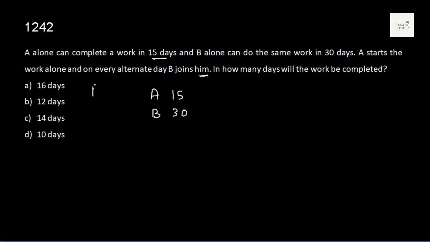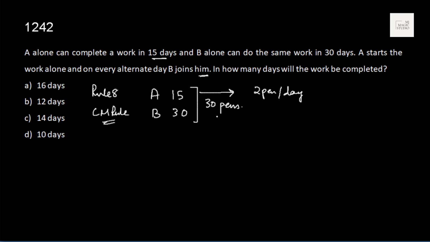The best way to do this is using rule 8, the LCM rule. Just find the common multiple. The common multiple of 15 and 30 is 30. Let the need be to produce 30 pens. That means A is producing 30 pens in 15 days, that is 2 pens per day, and B's efficiency would be 1 pen per day.